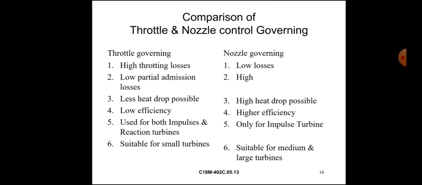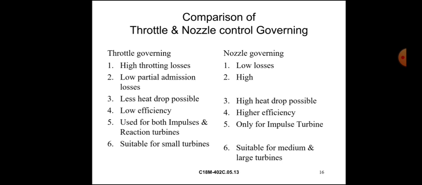This is a comparison of throttle and nozzle control governing. In throttle governing, the first point is high throttling losses. In nozzle governing, low losses. In throttle governing, low partial admission losses. In nozzle governing, high partial admission losses.